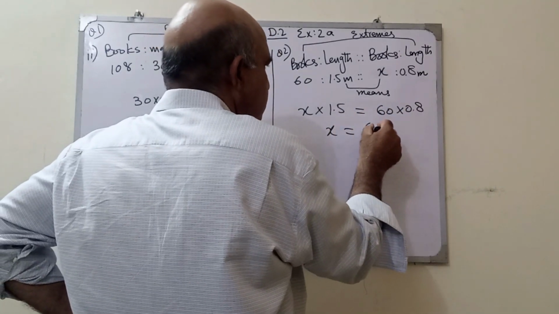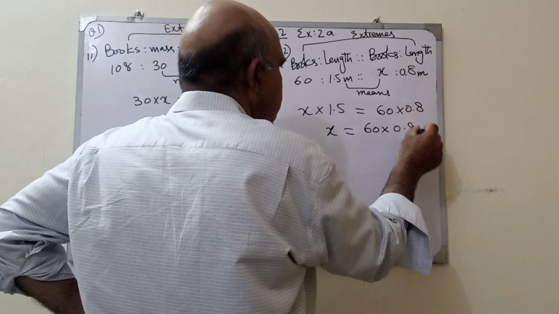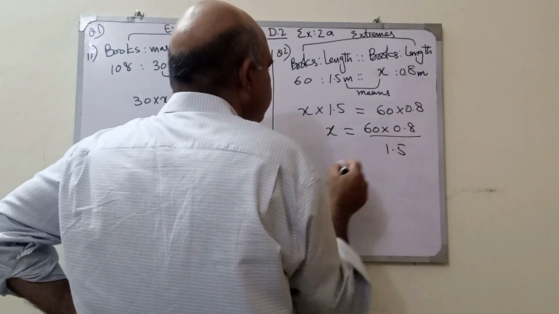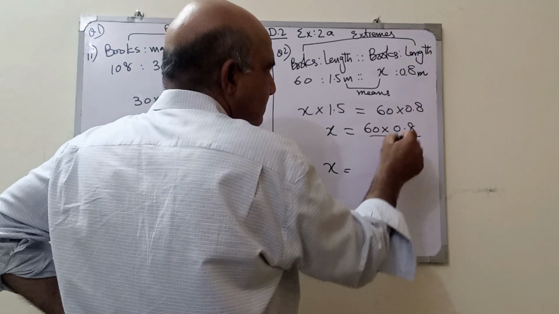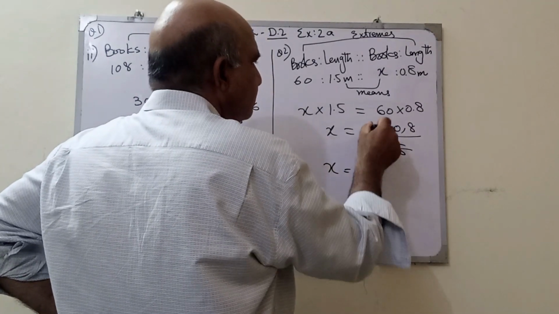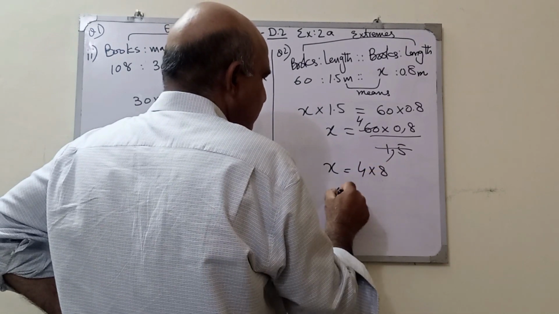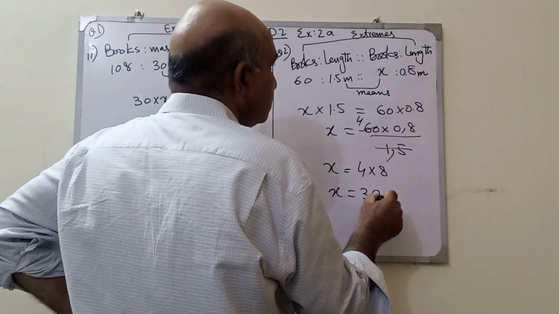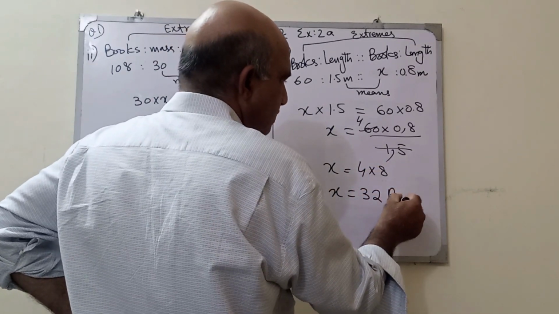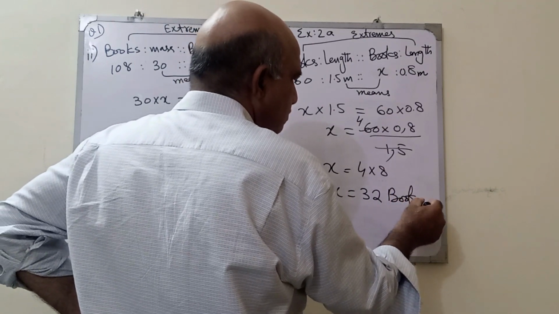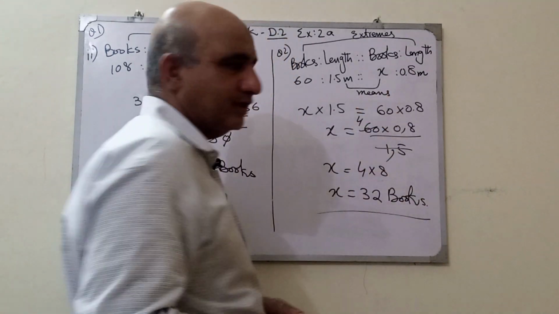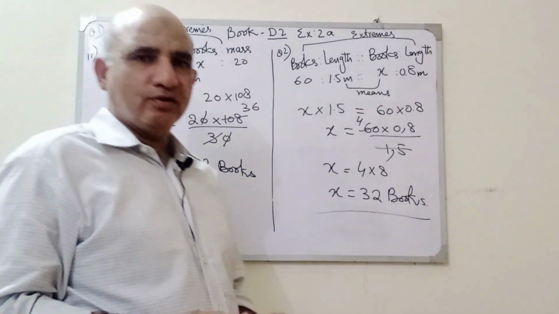X is equal to 60 into 0.8 over 1.5. Cancel decimals, right? 15 4s are 60, 4 into 8. So X is equal to 32. So for 32 books we need 0.8 meter length, right?